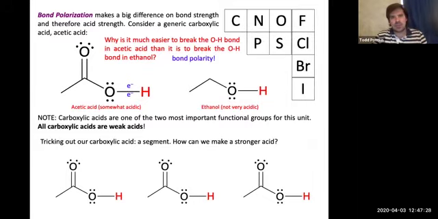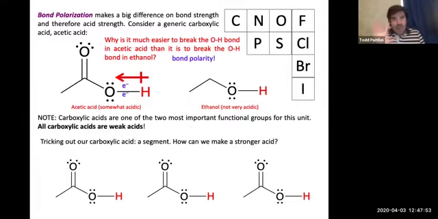Which way are these electrons going to flock in this bond? Which one is the more electronegative, more electron-hungry atom here? The oxygen. Oxygen is really, really, really greedy when it comes to electrons. So this oxygen is going to pull the electron density away from the hydrogen.